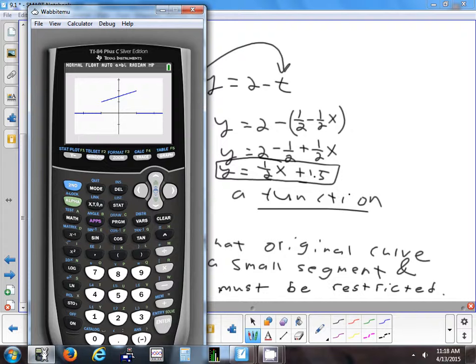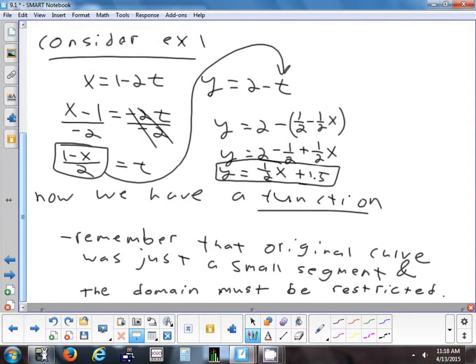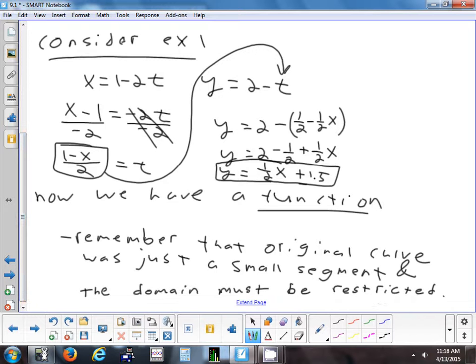And then it puts in the segment it should, and then it traces along the x-axis again. But that's as good as you can do. Okay, any question on that? Okay, so don't forget, make sure you restrict your domain when you rewrite it.